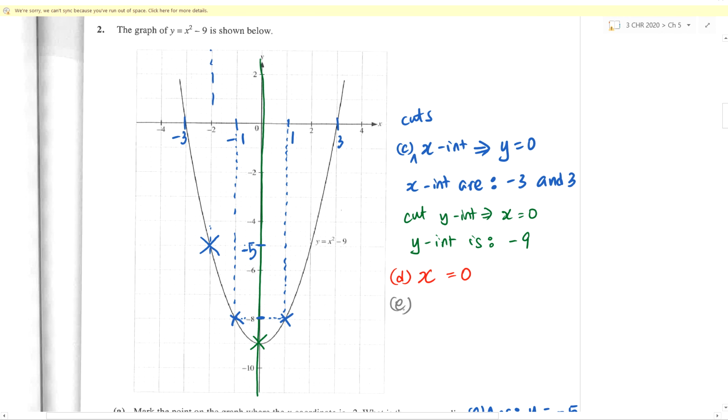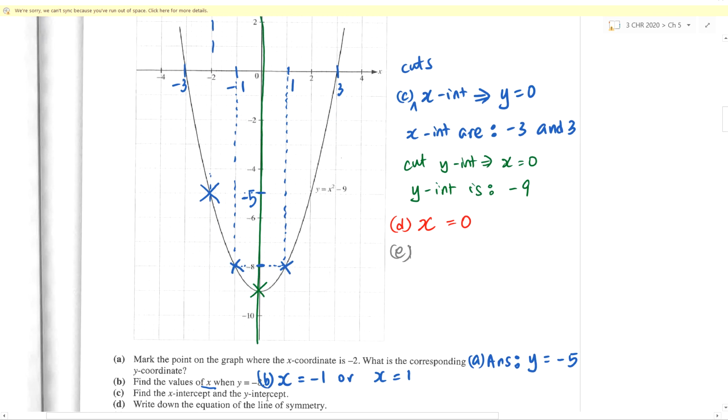Now for part E. Part E asks for the minimum value of y. What is the smallest value of y? Let's check. On the left hand side of the graph, we see it has a y value of slightly less than 2. Then the y value drops over here. The y value is 1, the y value is 0, the y value is -1, y value -2, and so forth. We keep going down, down, down.